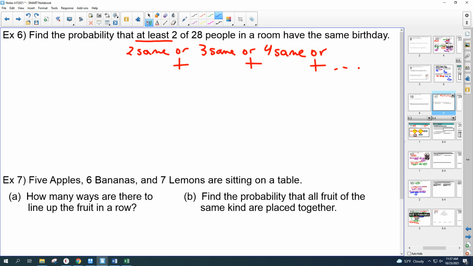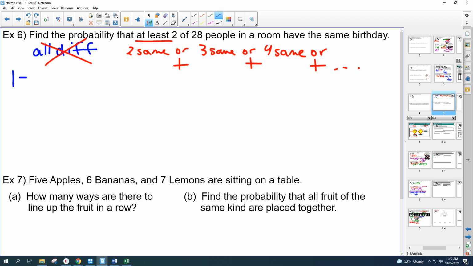Okay? Let's think about everybody in here has a different birthday. So let's say all different. That's not what they're talking about, right? We can calculate this probability indirectly by saying let's just take that out. Let's take 1 minus the probability that they're all different.